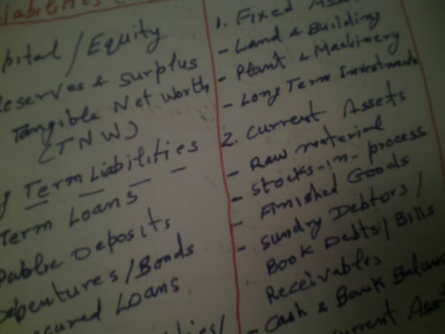The fixed assets will be helpful in producing the current assets, and current assets are saleable in the market. They are concerned with the products, they are connected with the products.